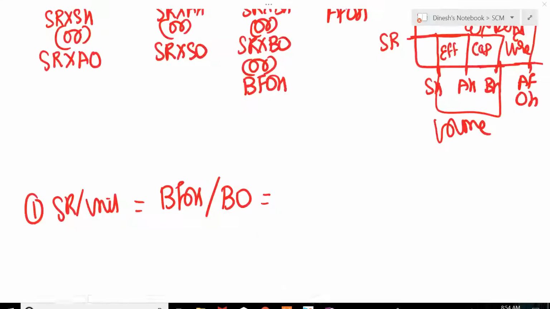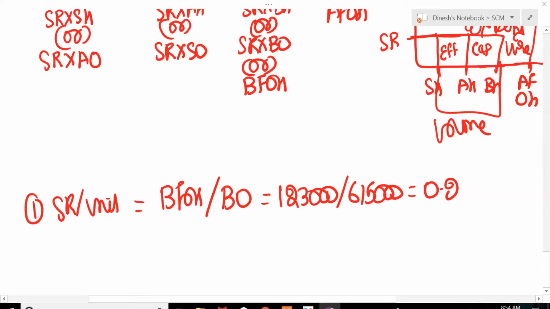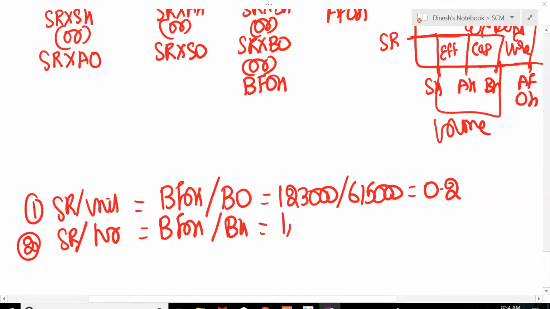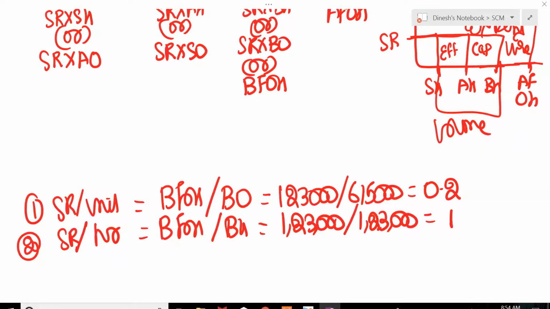Everything will be readily available. 1,23,000 by 6,15,000 gives 0.2, and the hourly rate is 1. SR per unit is budgeted fixed overhead by budgeted output. SR per hour is budgeted fixed overhead by budgeted hours. Nothing new here, everything whatever we have learned till now.